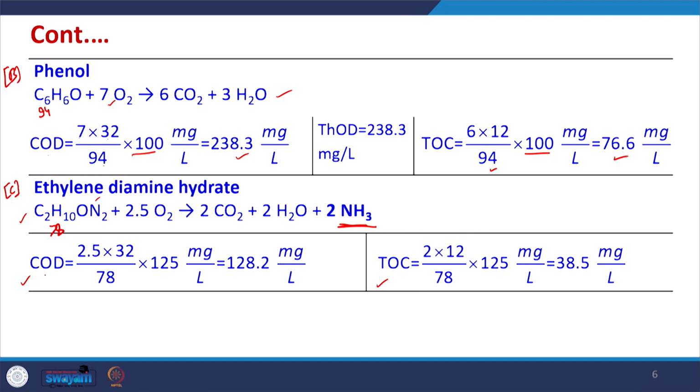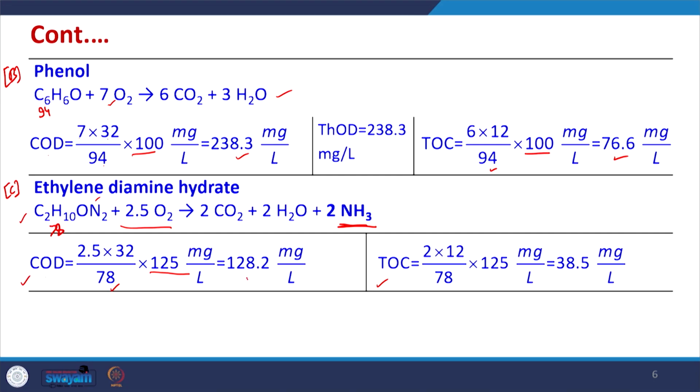Now, we calculate the COD value. Since only 2.5 moles of oxygen are required, it is 2.5 into 32 divided by 78 into 125 milligram per liter, which is the actual concentration of ethylene diamine hydrate present in the water sample in the present question.